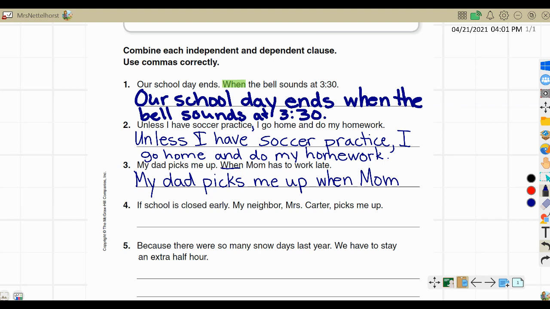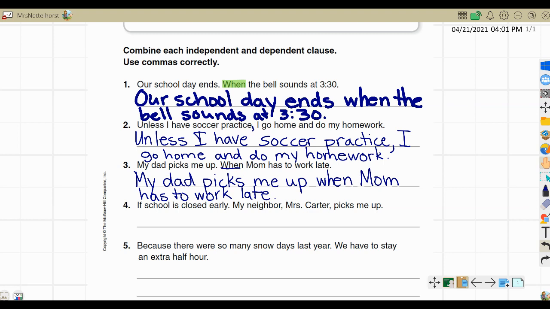If your dad's name is Bill, you wouldn't say my Bill picks me up. So my dad picks me up when mom, being used like her name. So if her name is Sylvia, then you would say my dad picks me up when Sylvia, so that works, has to work late, period.